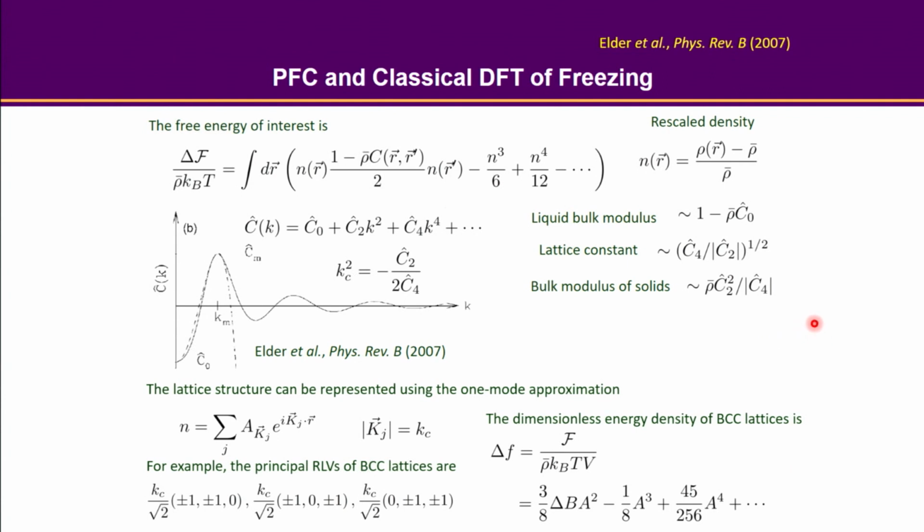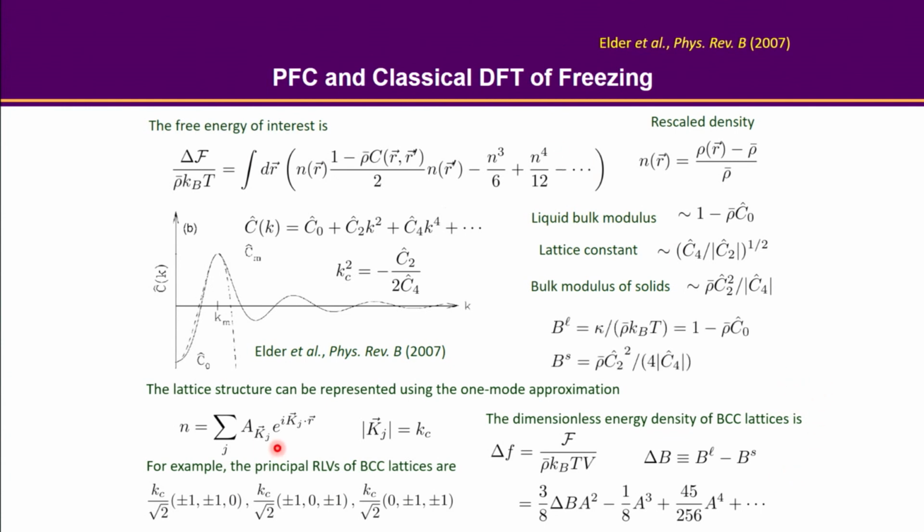But let's look at the physics of this Helmholtz free energy density, right? There's a coefficient delta B in front of the A squared. So delta B here is actually associated with 2 numbers. Those are the liquid bulk modulus and the solid bulk modulus, all right? So just write them out.